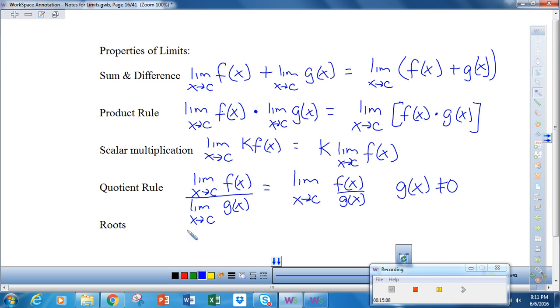And the root rule says that the limit as x approaches c of the square root of f of x is equal to the square root of the limit as x approaches c of f of x. And those are your basic properties.